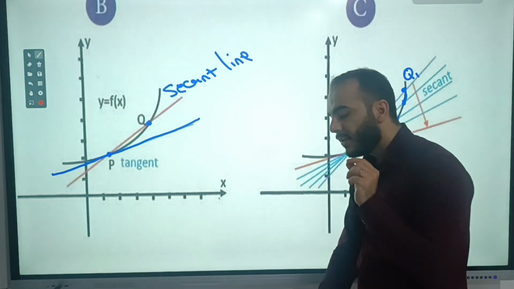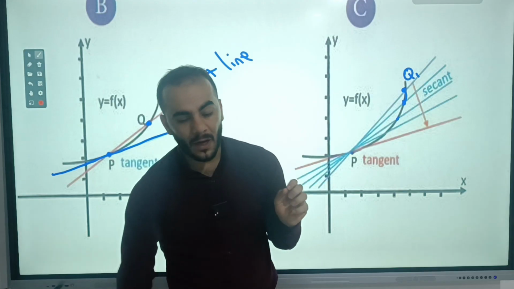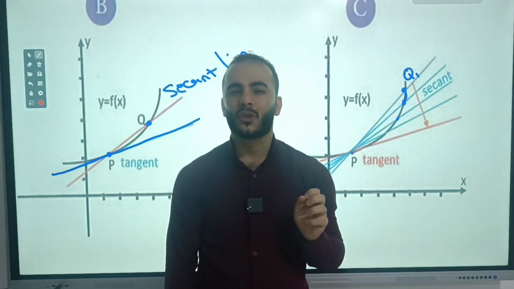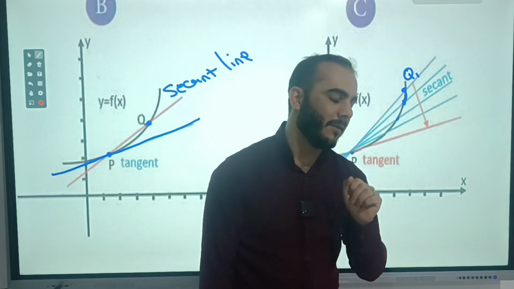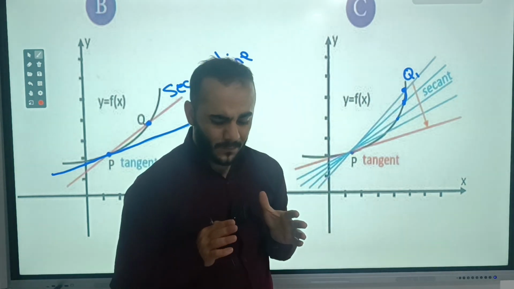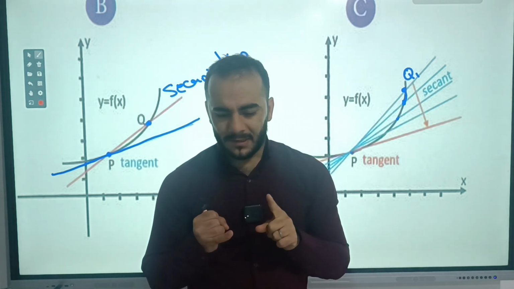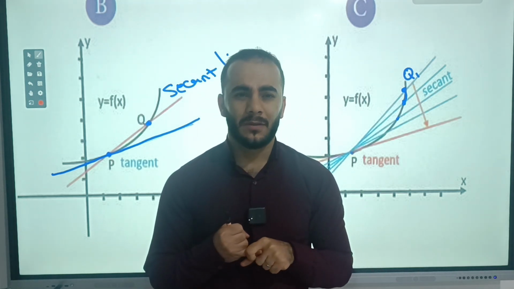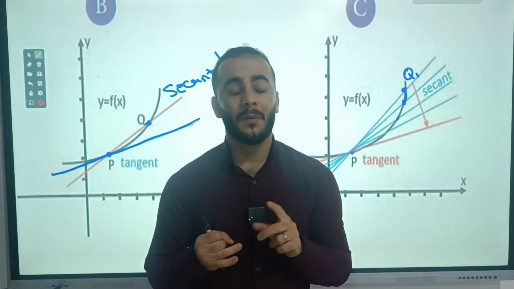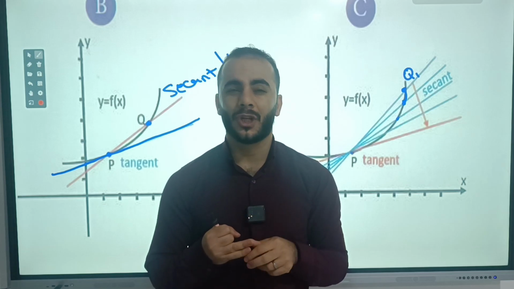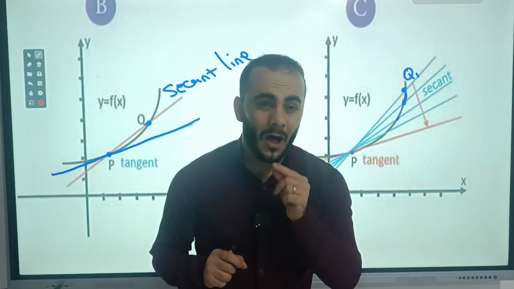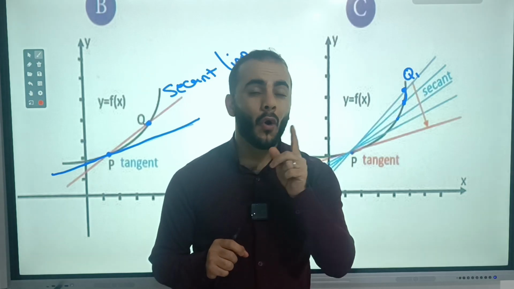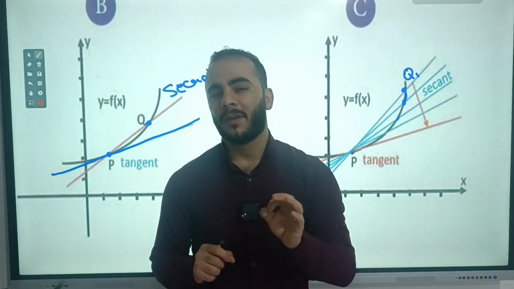So basically, the value of the tangent equals the slope of the line that goes through a specific point. Let me just tell you that slope equals the rate of change, and both of them are the same as the tangent at a specific point, and they are all equal to the derivative.